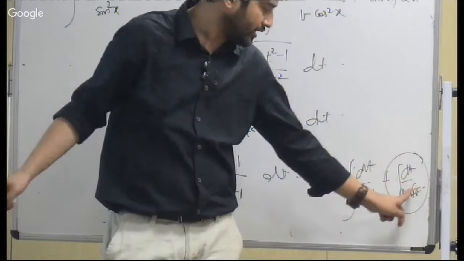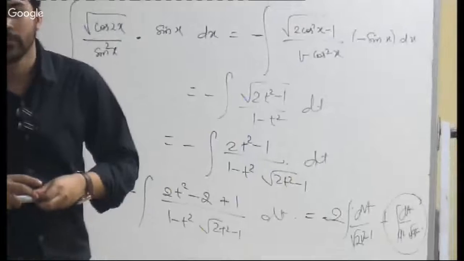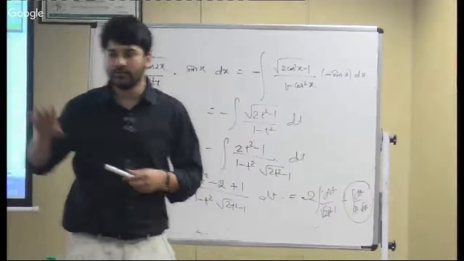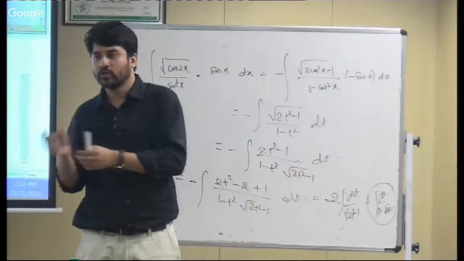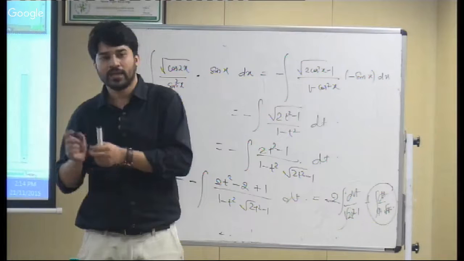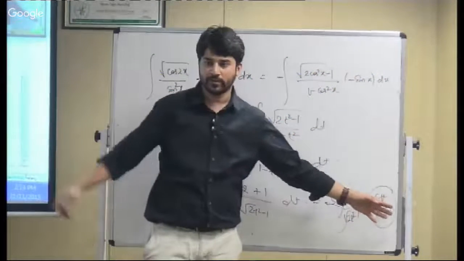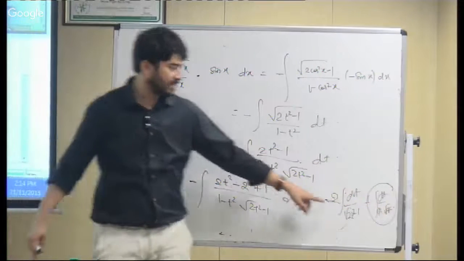Whenever you see dx upon quadratic into under root quadratic, you always substitute x is equal to 1 by t. Then the final thing is easy to handle. So we'll be handling this in the next slide, but you can easily handle this.